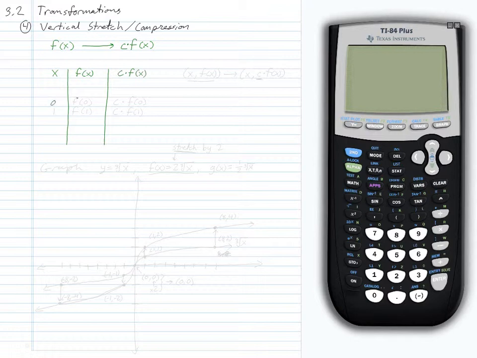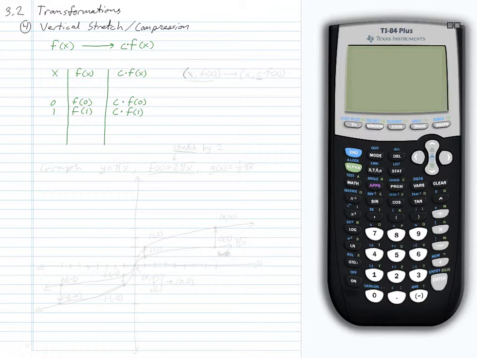So if I plug in 0, normally I would get f of 0, now I'm going to get c times f of 0. If I plug in 1, normally I would get f of 1, now I'm going to get c times f of 1. So I have all of the same x-coordinates as I do originally. The only difference appears to be in the y-coordinates.